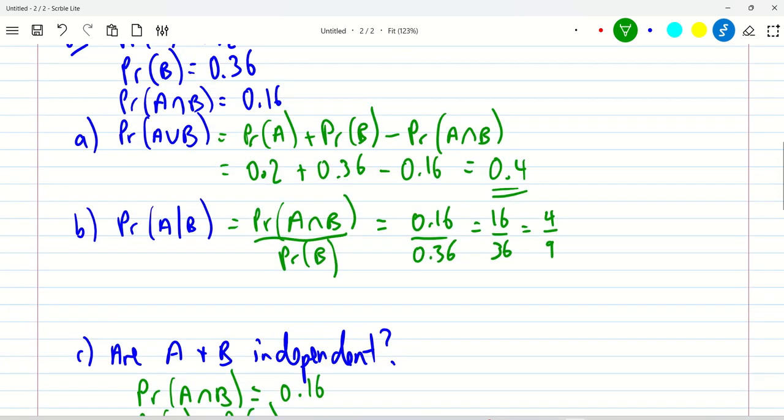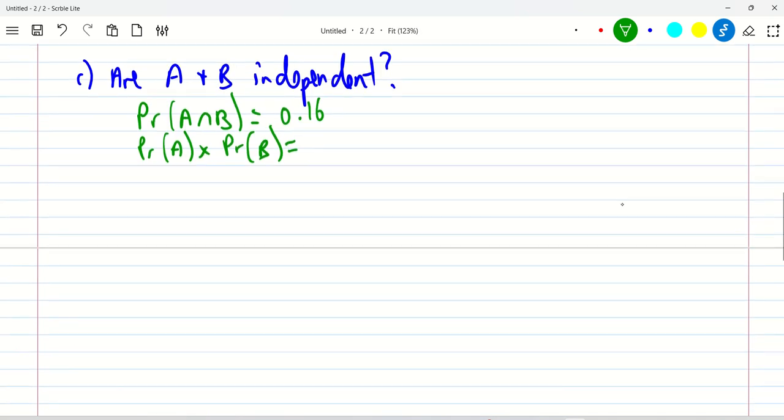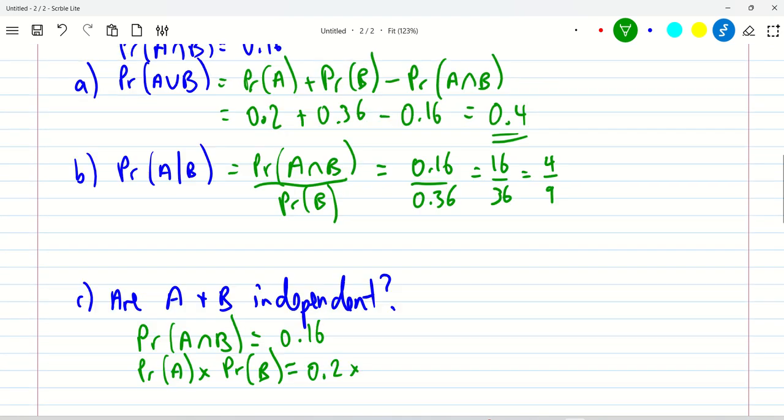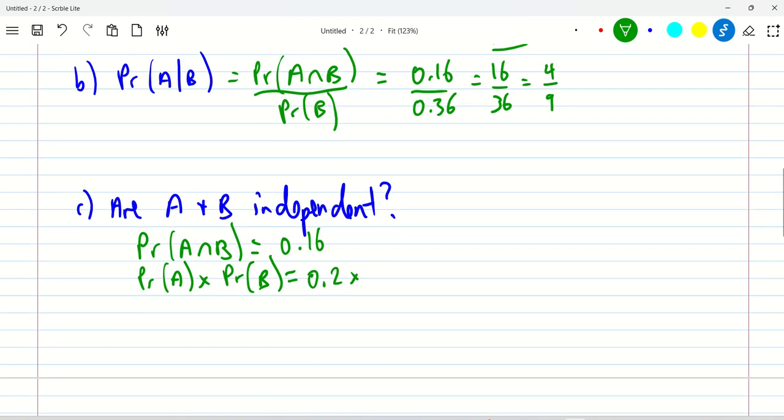So the probability of A was 0.2, and the probability of B was 0.36. 0.2 times 0.36, that'll be 72, so is it 0.072? I think that's right. That looks right to me. Yep, so 0.072.